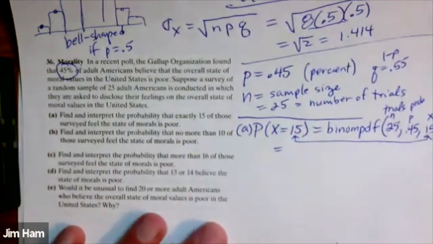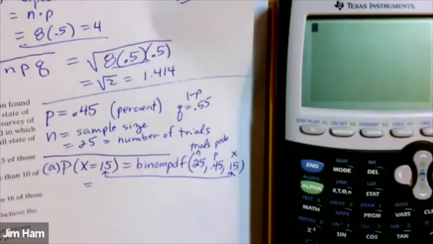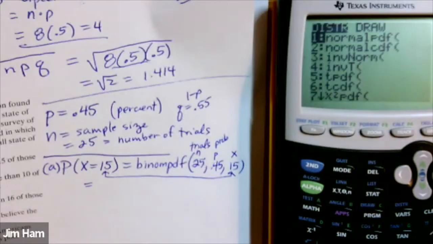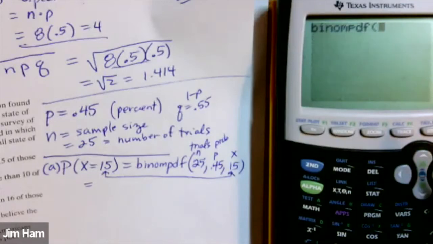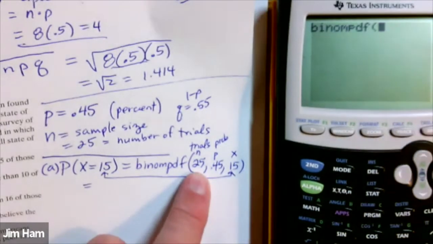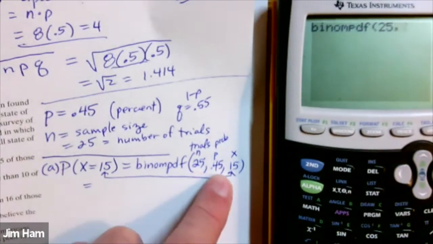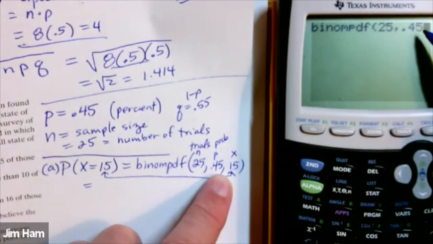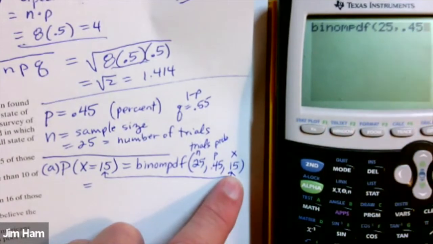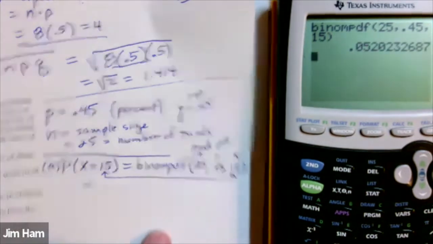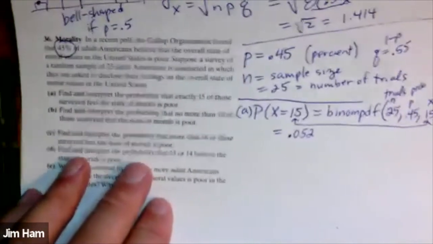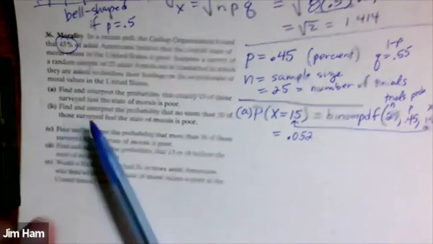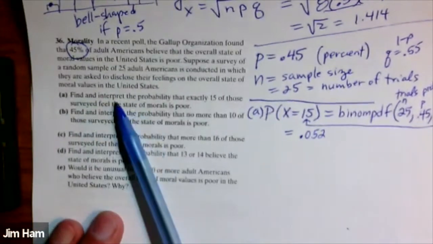Okay, so this is a calculator exercise. Go to the distribution menu and scroll down till you find binomialpdf. Then we're going to enter n, the number of trials, 0.45, the probability or p-value of a success, and then 15. And there it is, 0.052. The interpreting part is not different than what we did in the past, because it does say find and interpret.